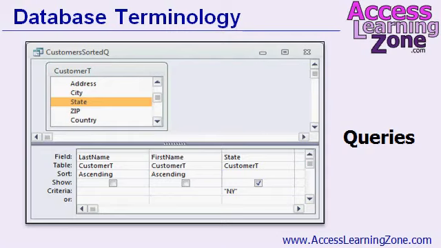You can sort your data or apply criteria to only view specific types of data. Queries can be saved and used later, so you don't have to keep redesigning them. Queries can also be used to modify data, add, delete, or even edit records. We'll learn more about those types of queries in our expert classes.